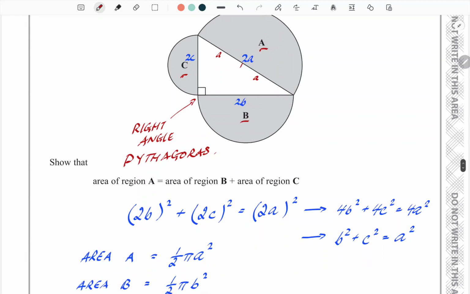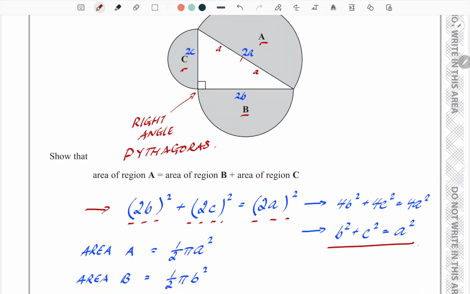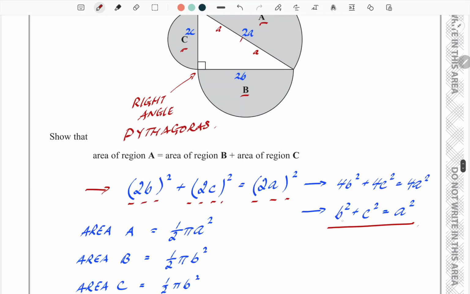And using Pythagoras, we can state that (2B)² + (2C)² = (2A)², which leads to 4B² + 4C² = 4A². Get rid of all the 4's, and you're left with our good old friendly Pythagoras theorem, all right? B² + C² = A².